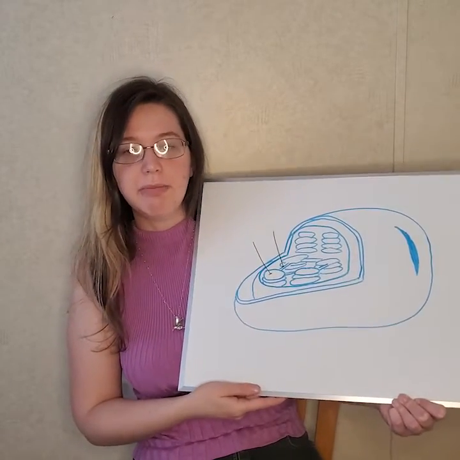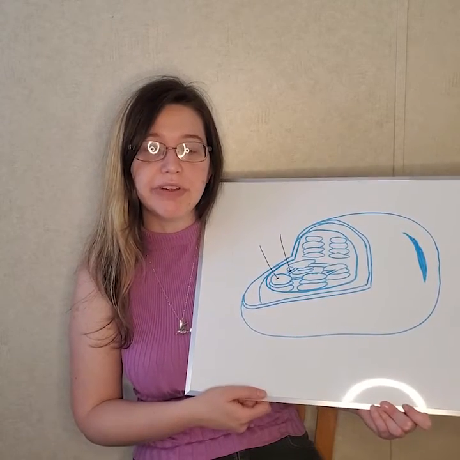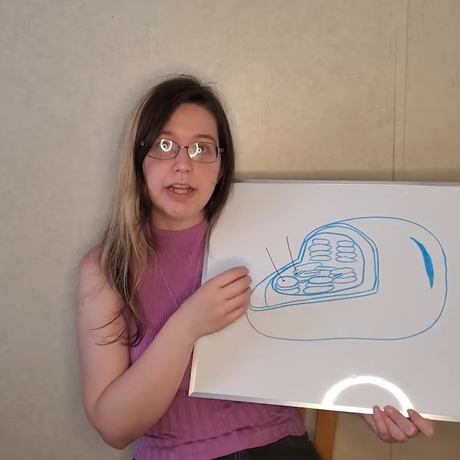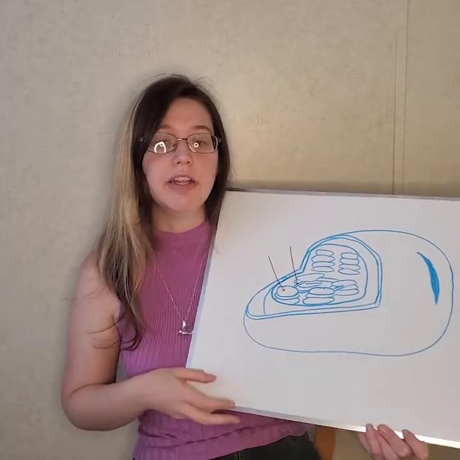The thylakoid membranes are the place for the light reactions, the first part of photosynthesis. And then the area inside the thylakoids, the thylakoid lumen, is used to hold the proton gradient in the light reactions. So both the thylakoid membrane and the thylakoid lumen are really important for the light reactions.